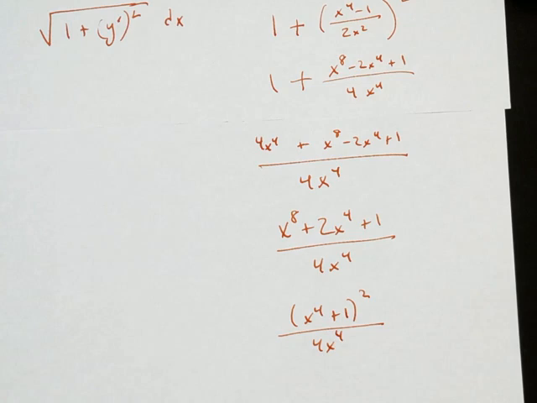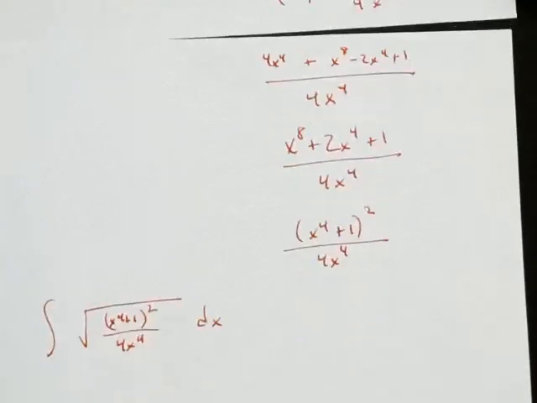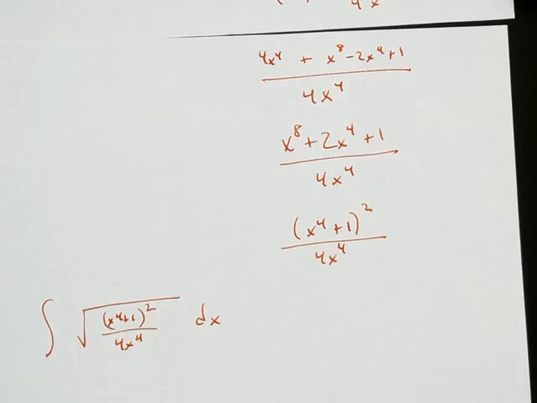Oh, thank God. Because what happens? That thing goes under a square root. My goal now is to integrate the square root of this. I didn't write something down. What are the limits on that integral?